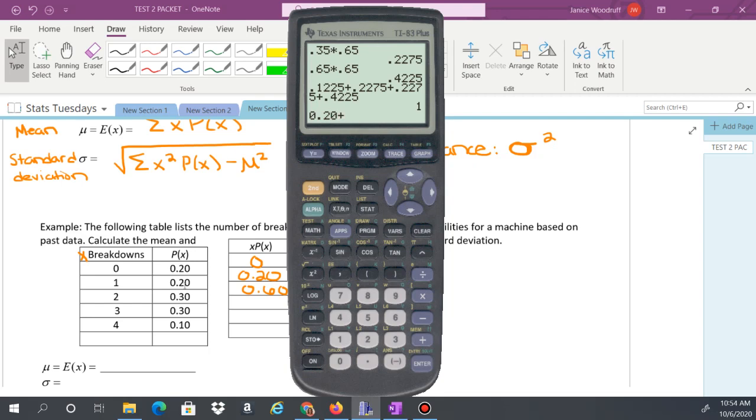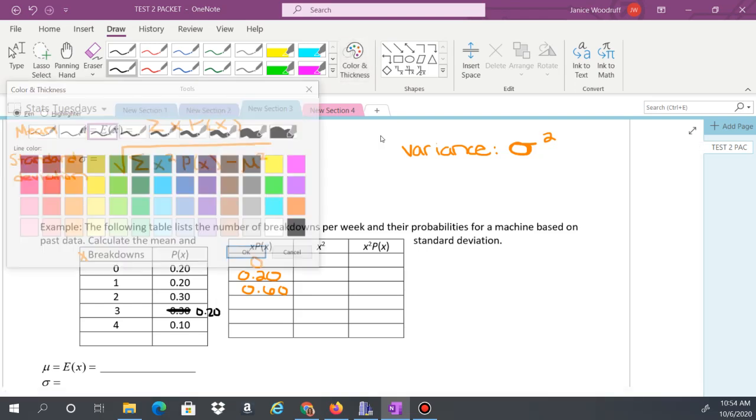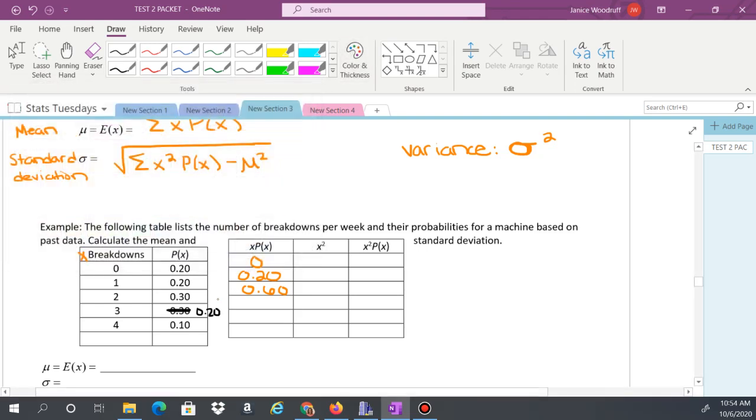Yeah, this here is a typo. Make that 0.2. There you go. Always check this here. So sum of P of X should be 1. Now that'll be 1. Okay, then 3 times 0.2 is 0.60, and 4 times 0.1 is 0.40.